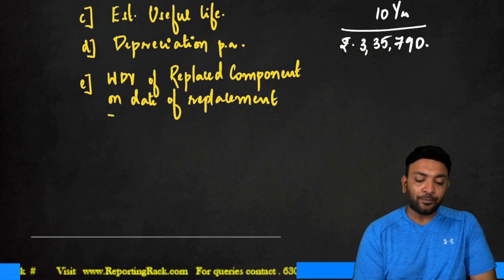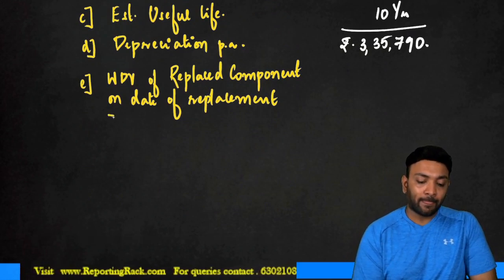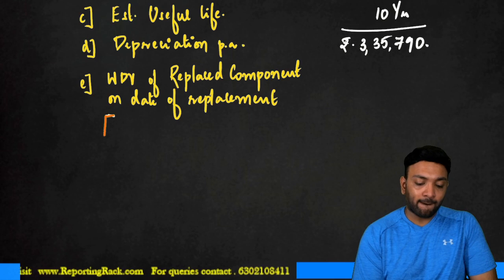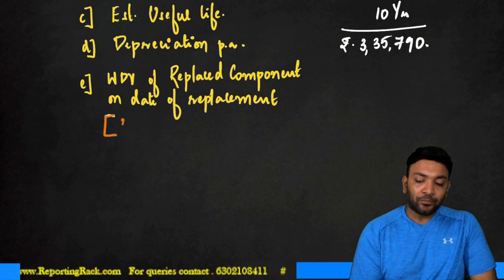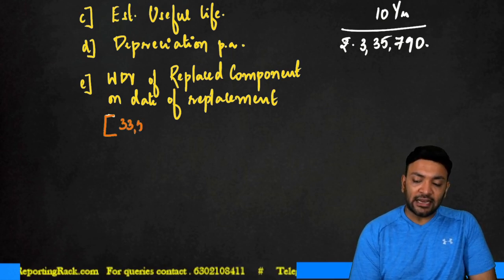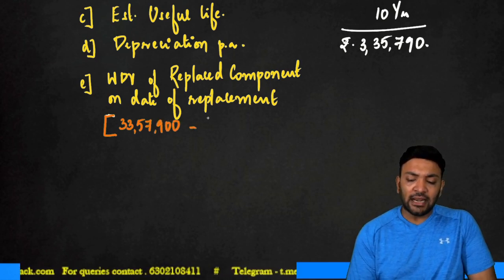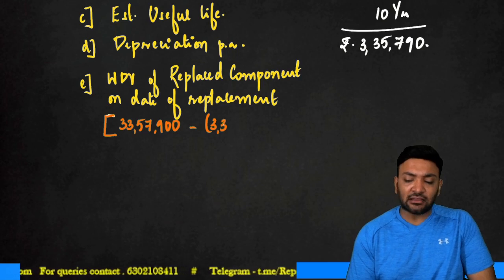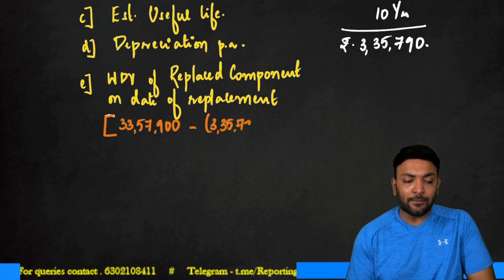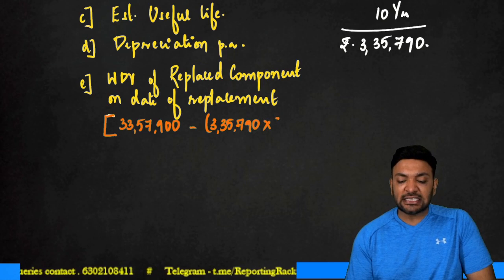Very simple. 33,57,900 minus depreciation of 3,35,790 for 6 years.